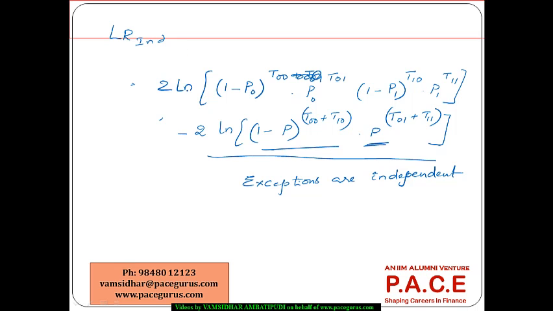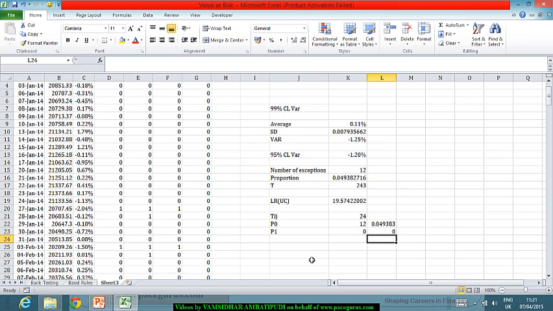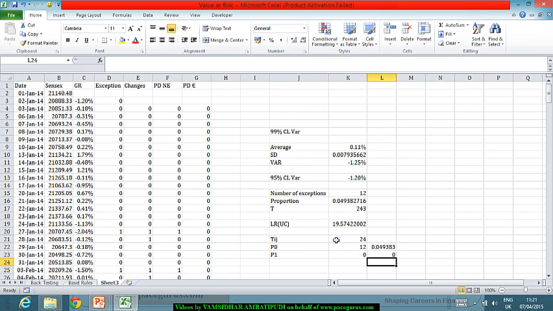If I am looking at the pi or the P there, it is nothing but T01 plus T11 by T, the number of transitions from 0 to 1. So I am more interested in looking at Tij where there are movements: T00, T01, T10, and T11.